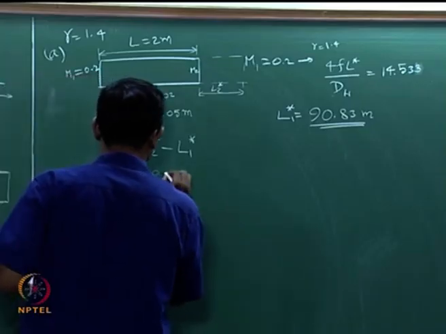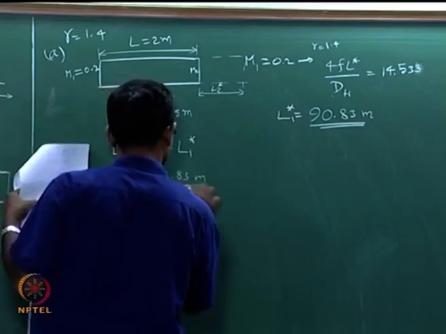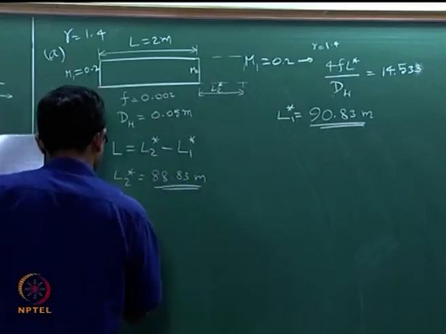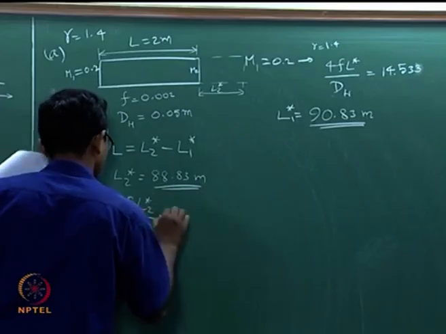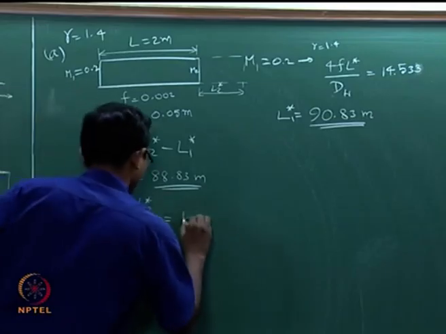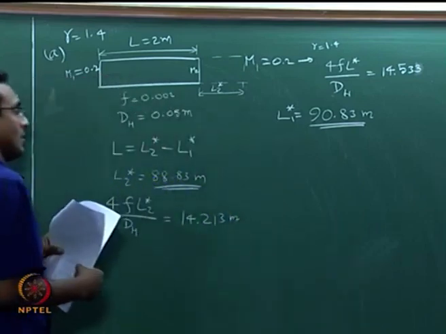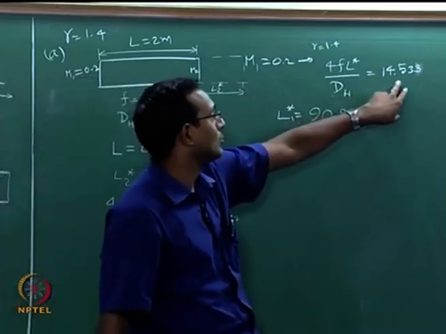L2 star value is 88.83 meters. So I will go and find 4f L2 star by Dh. That comes out to be 14.213. Previously it was 14.533 for M equal to 0.2.